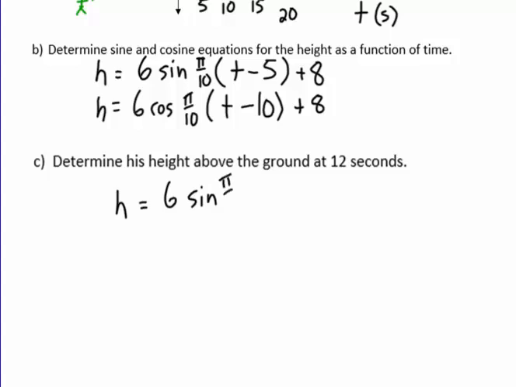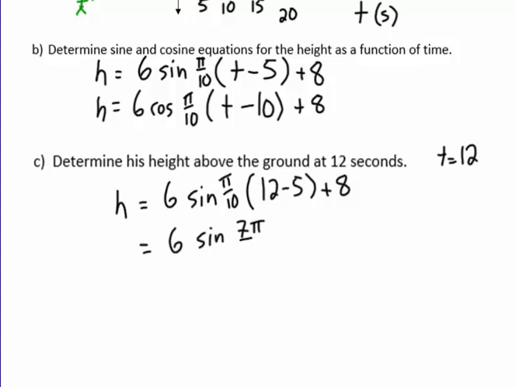So we just take our equation exactly as we've created, and the t value that we're going to plug in is just 12. So we'll get 12 minus 5 plus 8. If we wanted to simplify that, we can. We'll get 6 sine. Now 12 minus 5 is 7, so we'll get 7 pi over 10 plus 8.